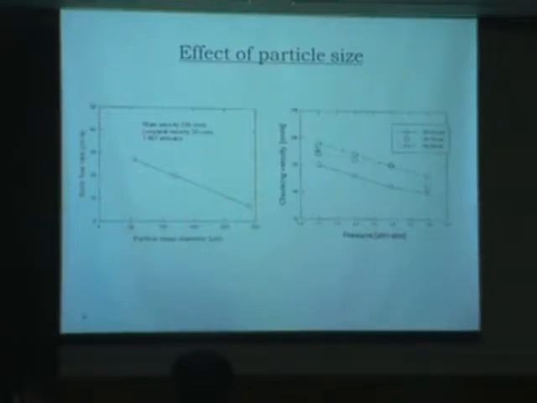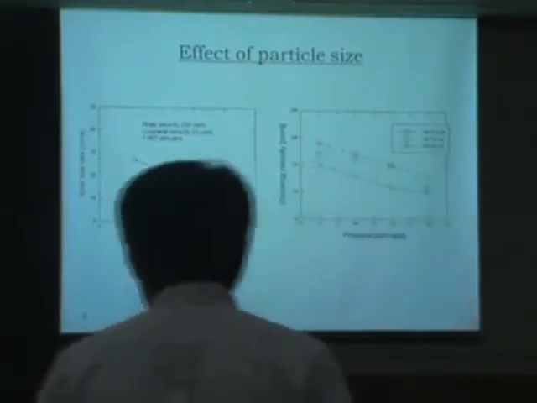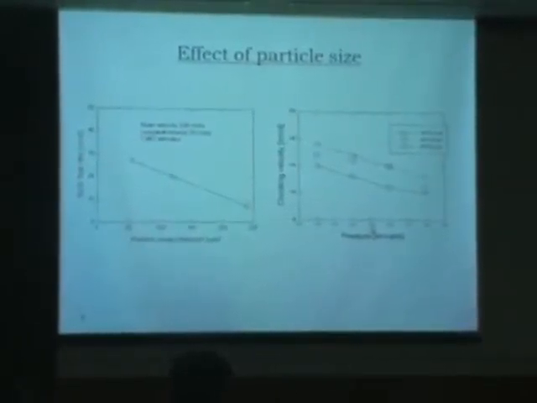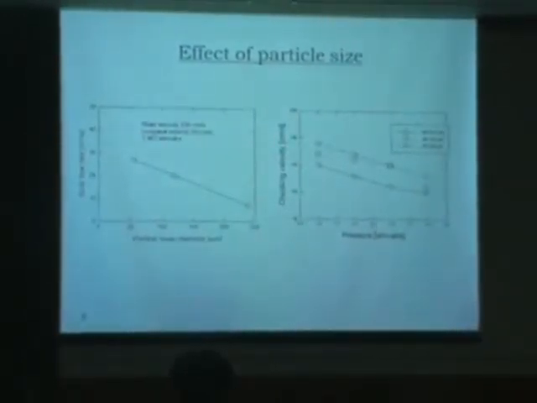There is a tremendous effect: choking velocity, irrespective of particle size, decreases with the increase of pressure. This is attributed to the high density of the gas at high pressure, and the effective gas-solid drag between gas and solid at high pressure, which causes the decrease in the choking velocity.